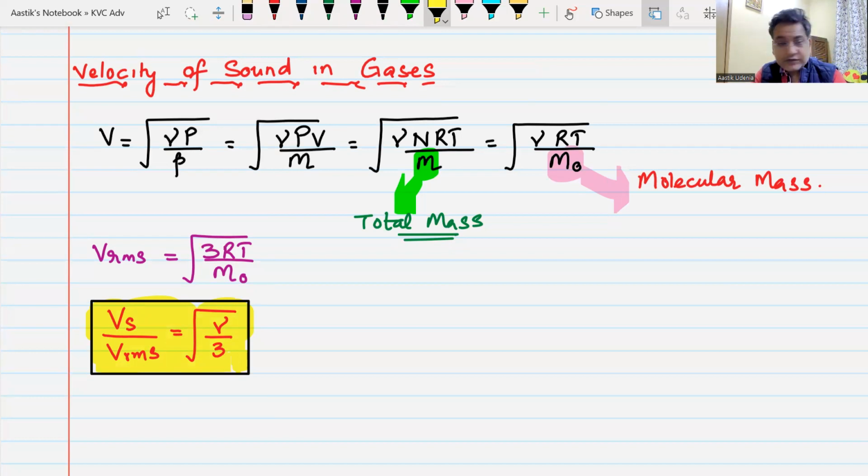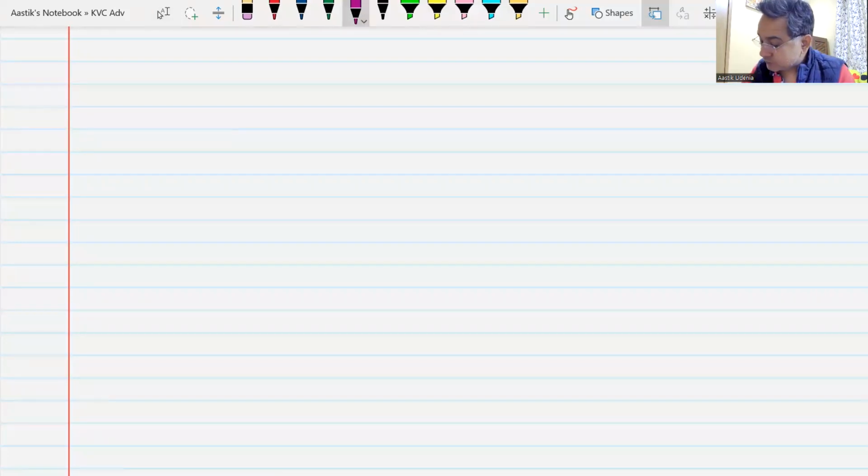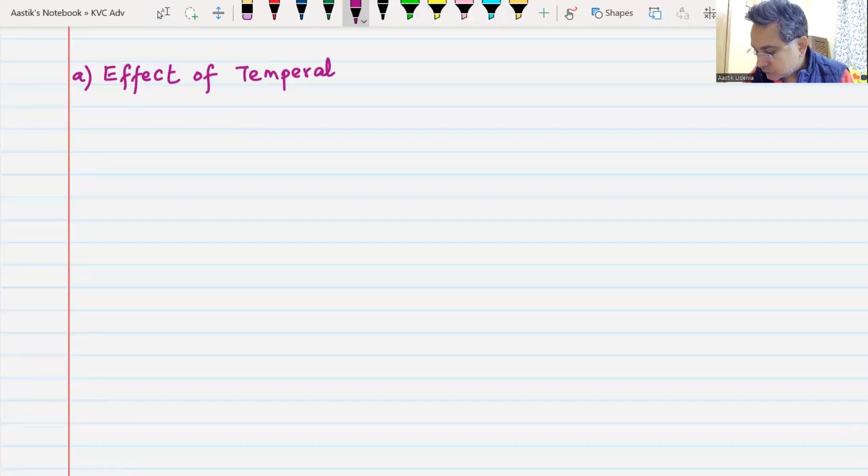Now we can see the effect of various things on the speed of sound. Number A, effect of temperature.